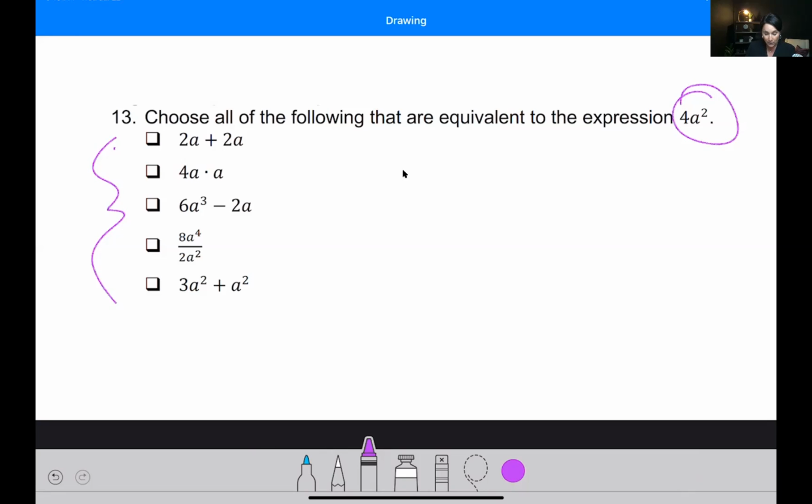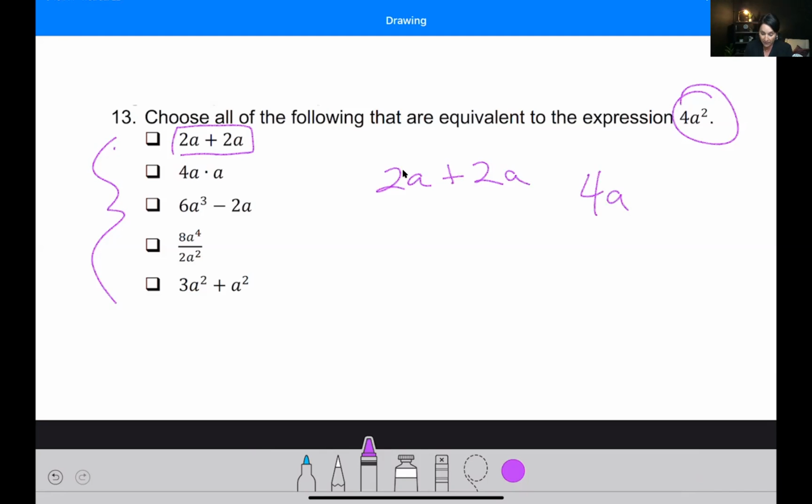Now, let's take a look at number 1, 2a plus 2a. Be careful. 2a plus 2a is 4a, not 4a squared, all right?